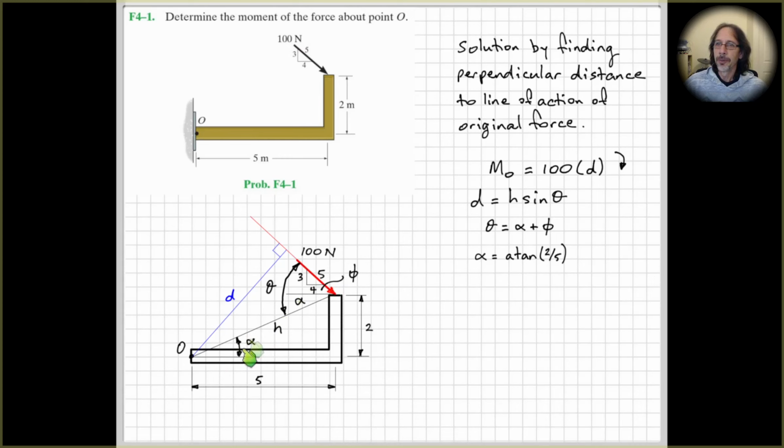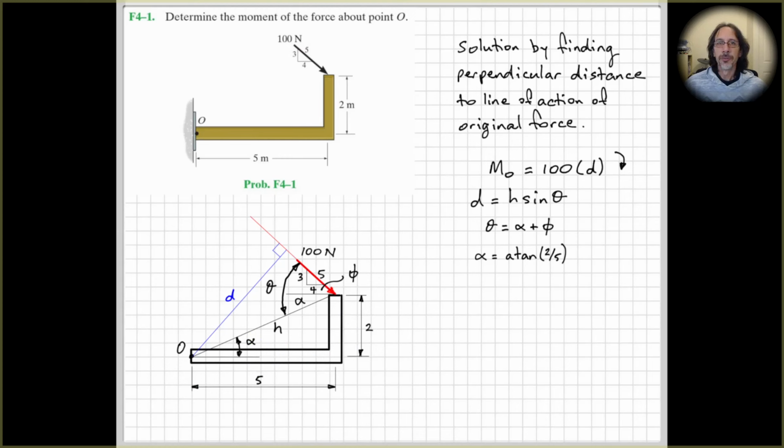So from this right angle triangle down the bottom here, this is the opposite side, this is the adjacent side. So if we do inverse tan of 2 over 5, we'll get this angle. Inverse tan or atan.